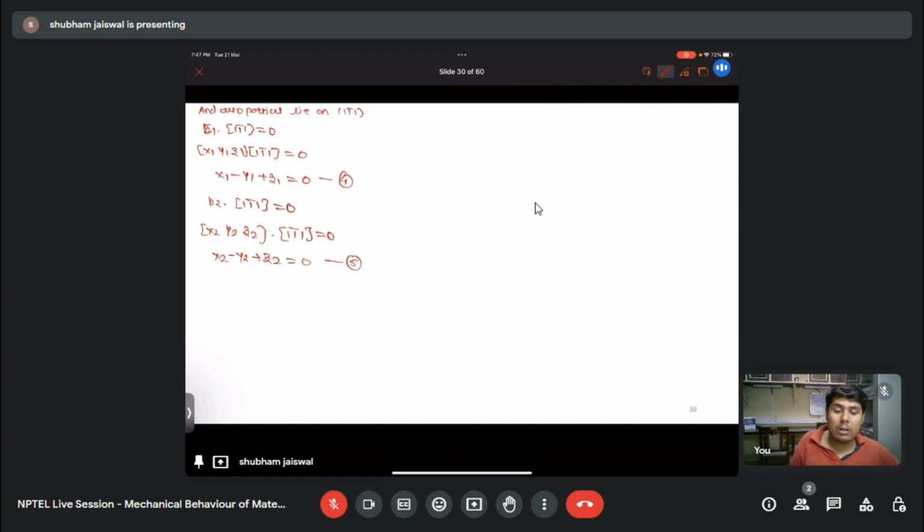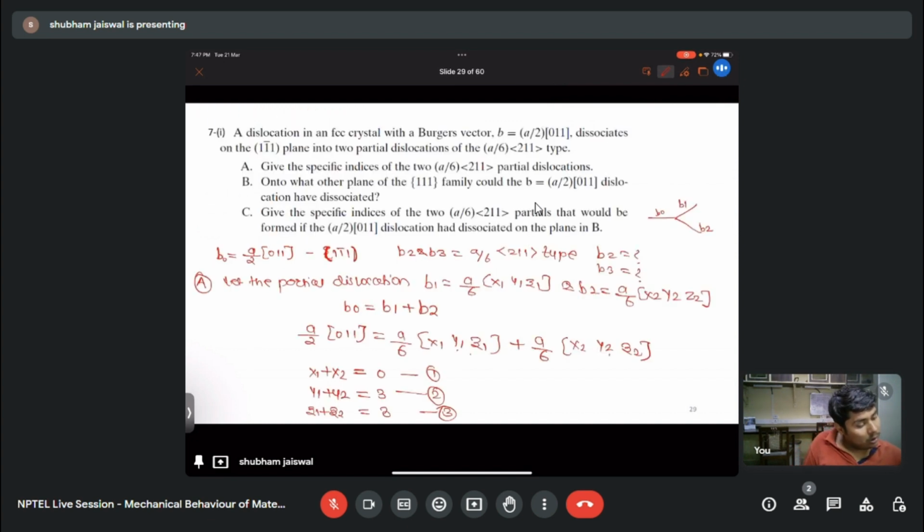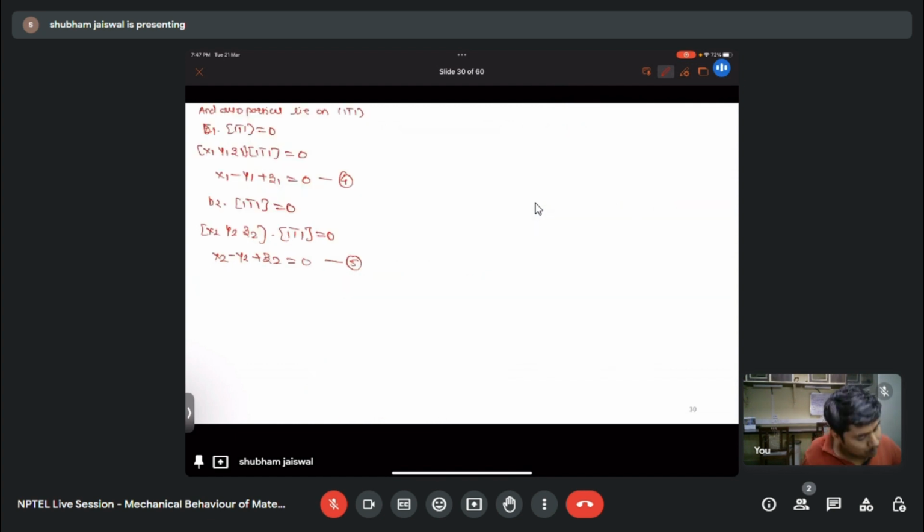Now we need to do the trial and error. As they have given, the dislocations are of the type a by 6 2 1 1 1. So how many possibilities are there of 2 1 1 1? One is 2 1 1, 1 2 1, 1 1 2, 2 bar 1 1, 1 2 bar 1, 1 1 2 bar, similarly 2 bar and many more.